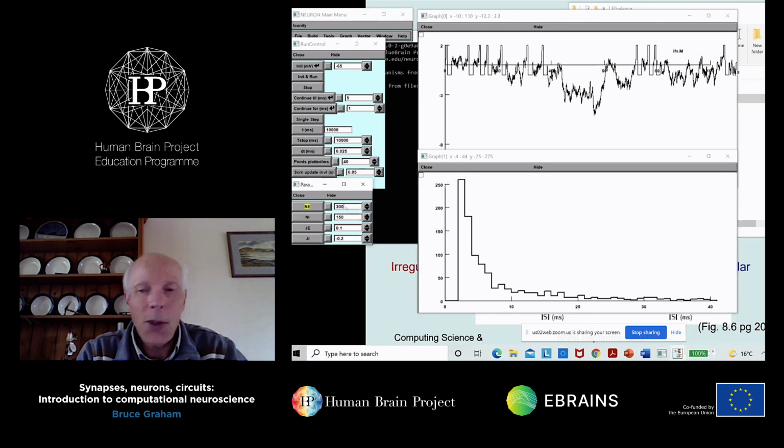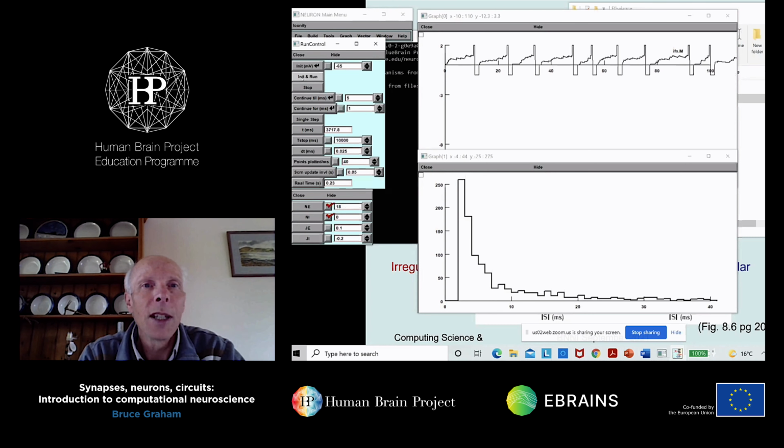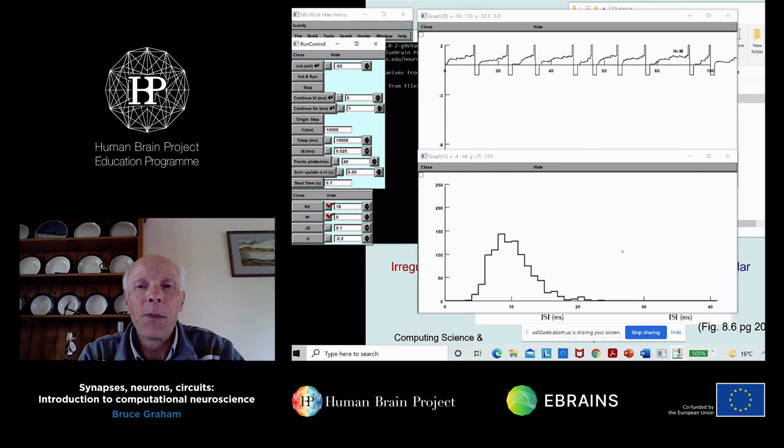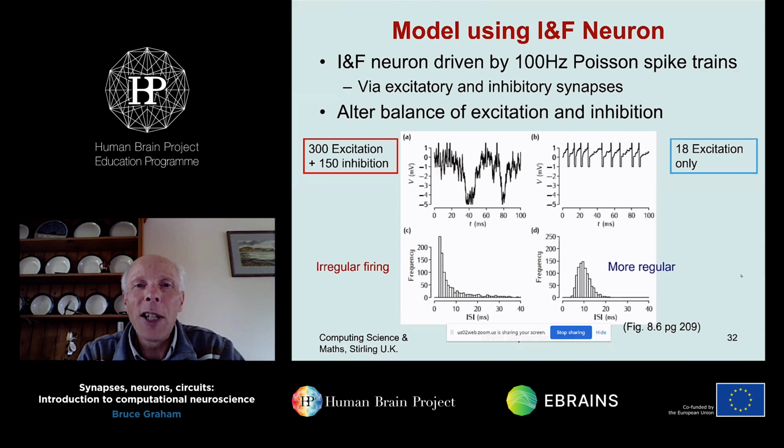But then if we reduce this to just getting excitatory inputs, which are still random in themselves, you end up with a much more regular interspike interval. And this is because the neuron itself has a lot of filtering aspects to it, which cause it to more or less want to fire fairly regularly.